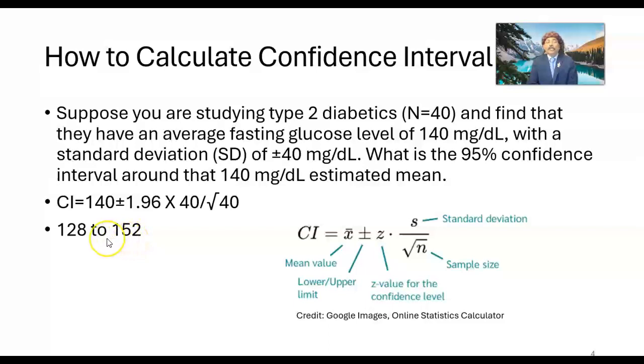So around 95% of the mean blood glucose levels will fall between 128 and 152, around 140 milligram per deciliter. There is a 95% chance the data will fall between 128 and 152 milligram per deciliter.